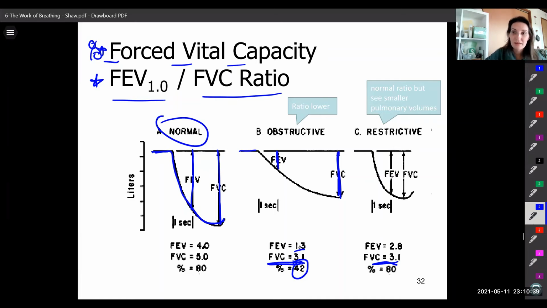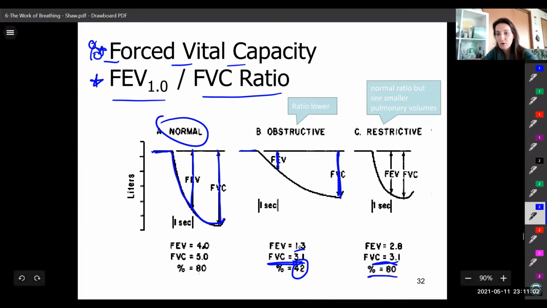But their FEV1, the amount that they can forcibly exhale in the first second, is typically not a problem for the individual with a restrictive disorder. Their problem is getting air in, not a problem with increased resistance upon exhalation. So it's not a problem getting air out. So they're able to expel about 80% of what they inhaled in the first second.